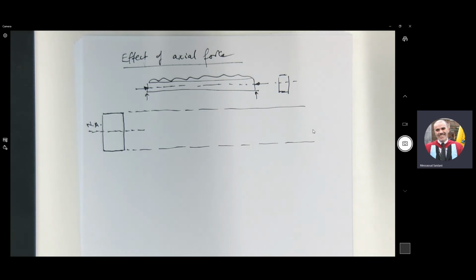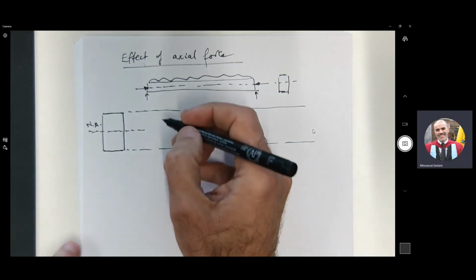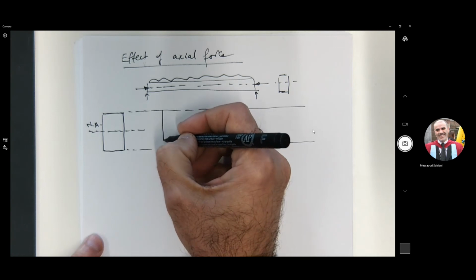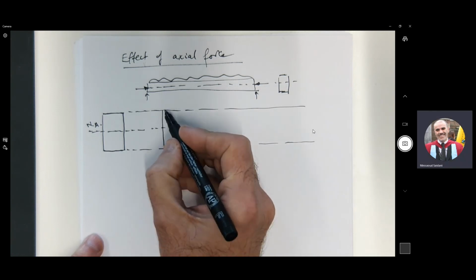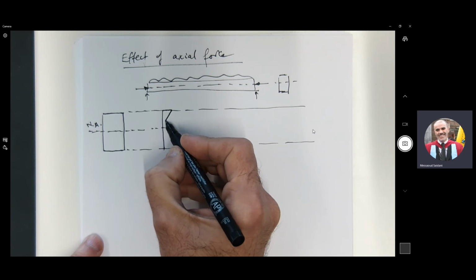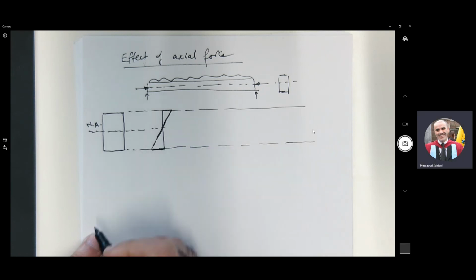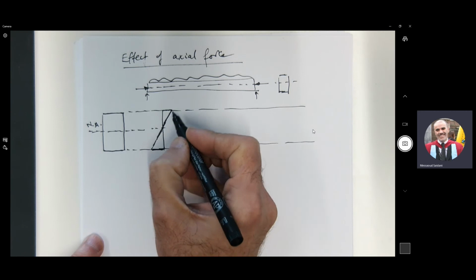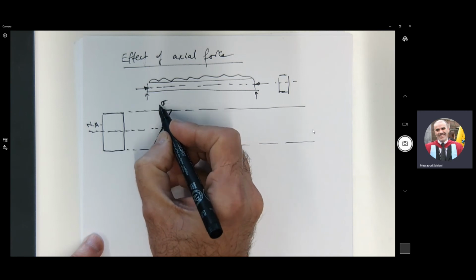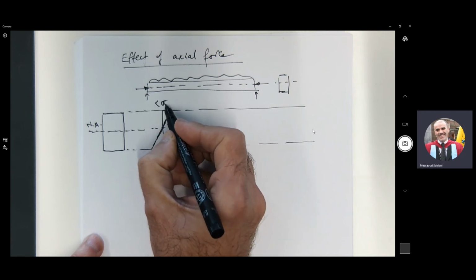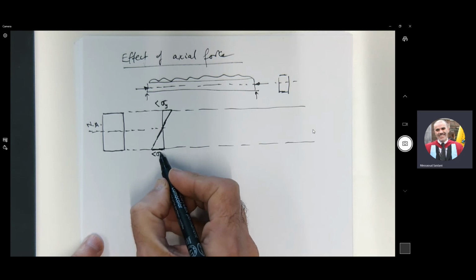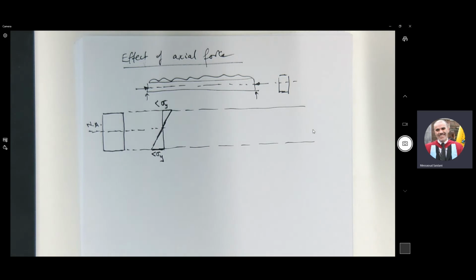Then initially we have the bending stress. This is the bending stress, where the stress here is actually less than sigma y. So initially, when you apply the loading, you've got the stress due to bending.